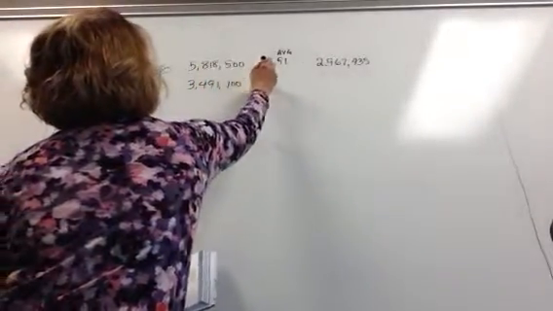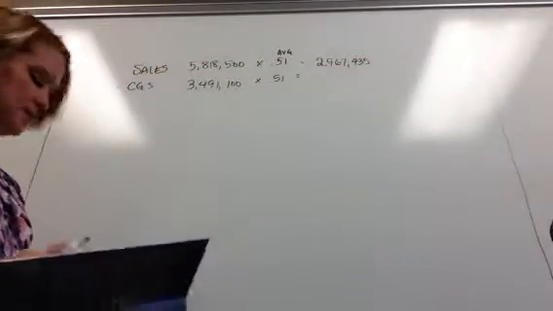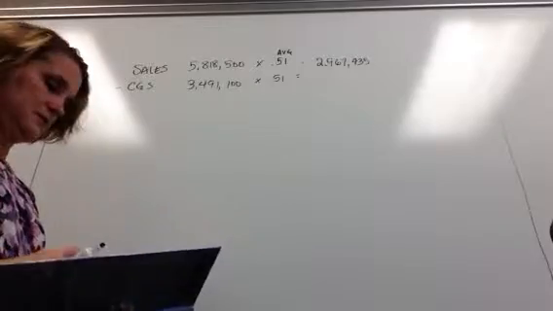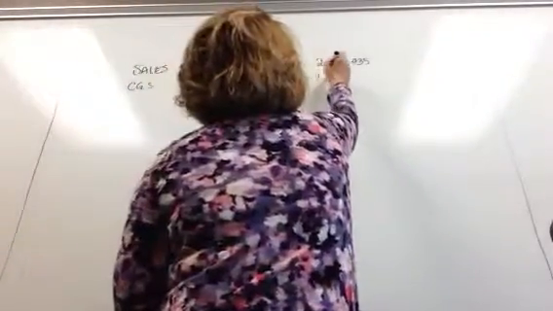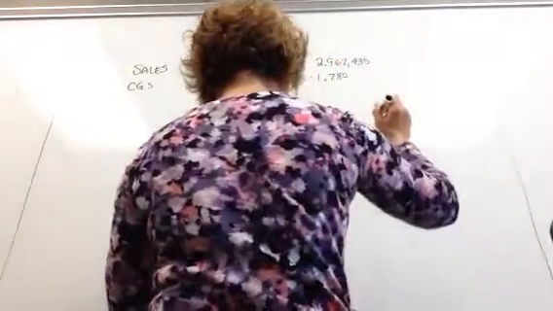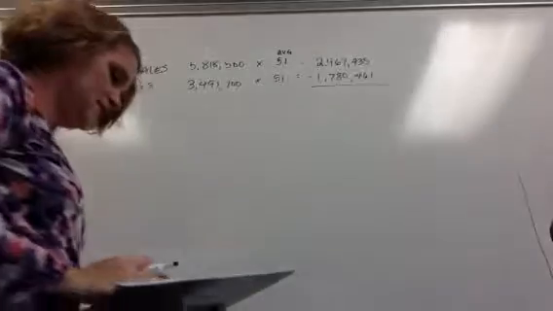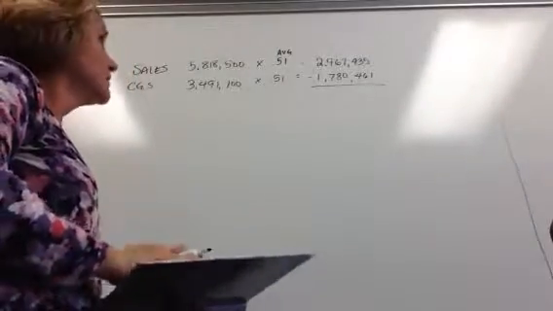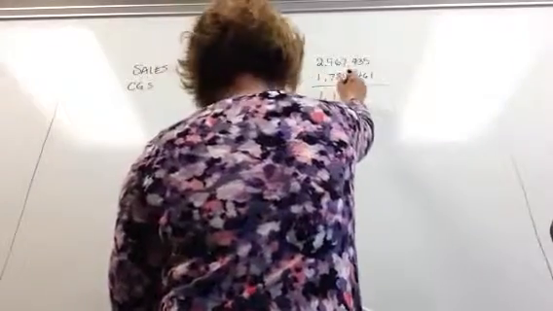Then we do the same thing to our cost of goods sold, which is $3,491,100, again in the Brazilian reals. Multiply that by 0.51, and that gives us $1,780,461. Then we can subtract that to get to our gross profit.